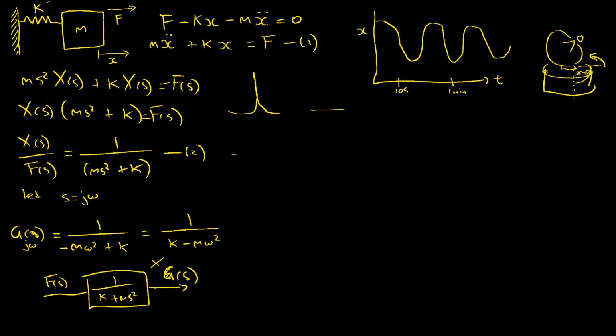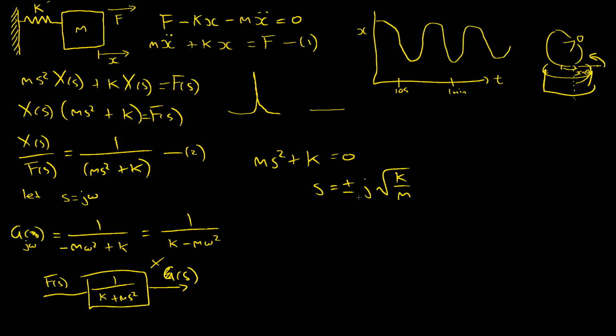So we care when this denominator is equal to 0. So ms squared plus k is equal to 0. And that is going to be true when s is equal to plus or minus j, the square root of k on m. We've just pulled the k across, divided by m, taken the square root of the right-hand side, and the minus created the j, and we're left with this.